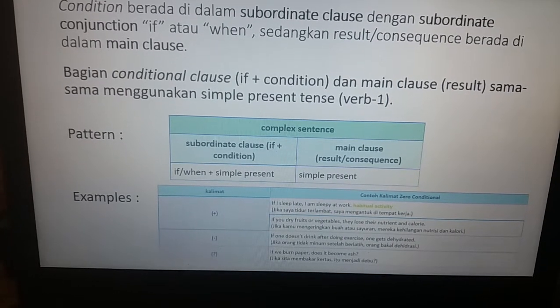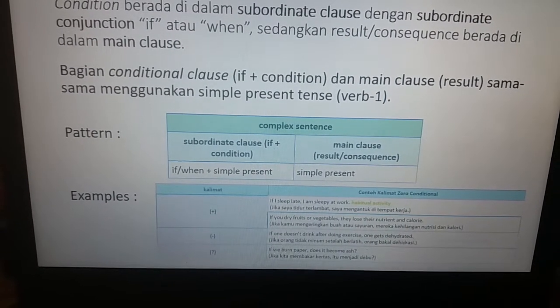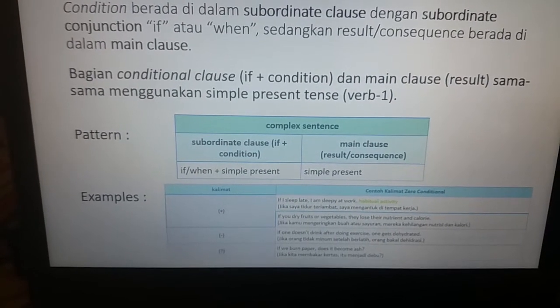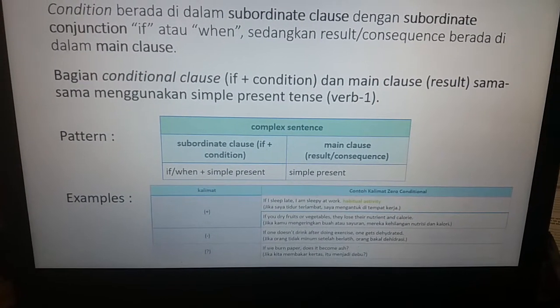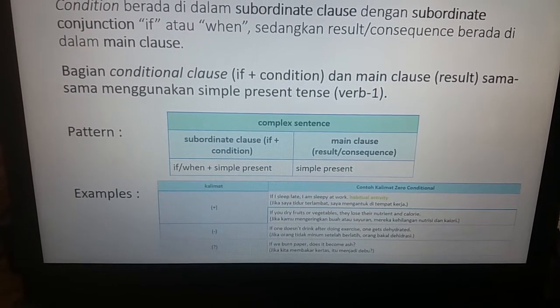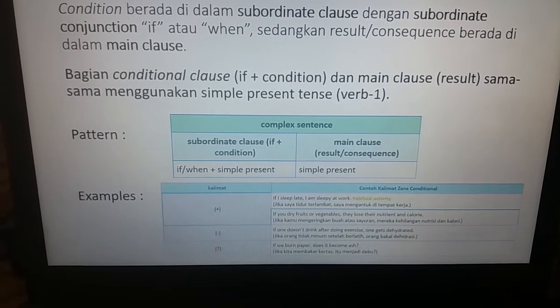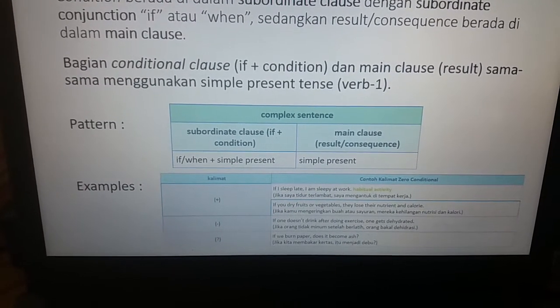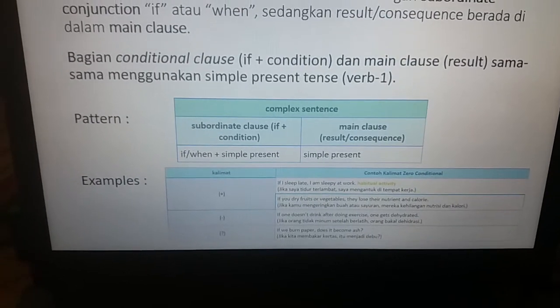Meanwhile the result or consequence is in the main clause. The conditional clause, if plus condition, and the main clause, or result, both use simple present tense, or verb one.